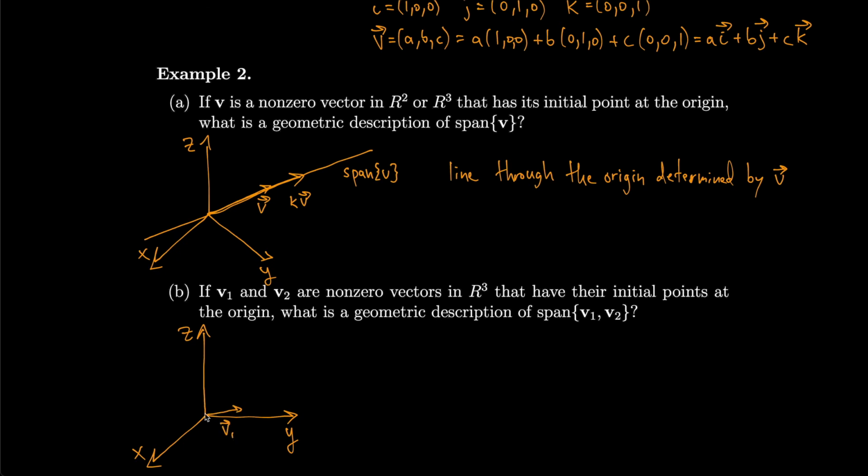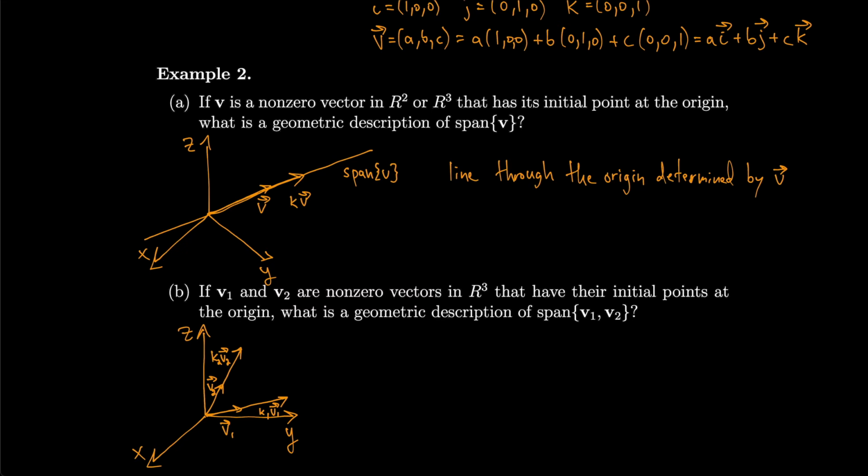And I'll draw some little v2 over here. Then, if I want, I can scalar multiply this guy. So let's say that's, for example, k1 times v1. And then scalar multiply this guy, and I'll get k2 times v2.